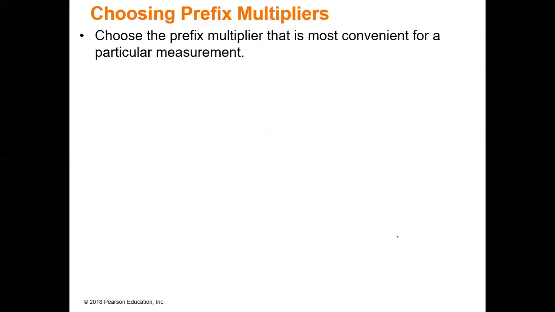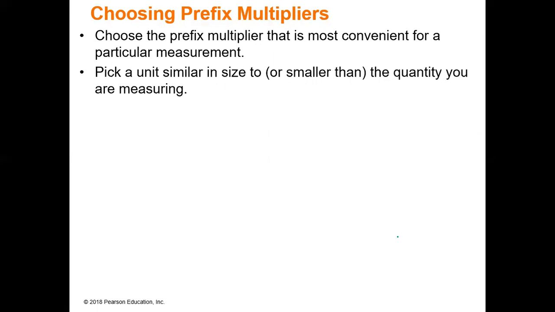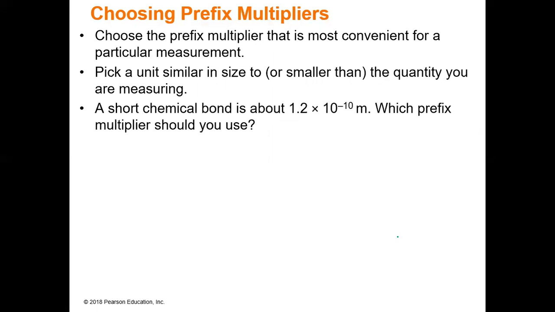So you're choosing a prefix multiplier, choosing the prefix multiplier that is the most convenient for a particular measurement. Pick a unit similar in size to the quantity you are measuring. A short chemical bond, for example, is about this much meter. Which prefix multiplier should you use?